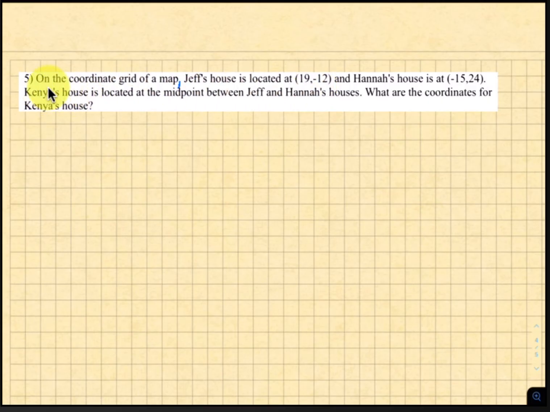All right, here's number 5. On the coordinate grid of a map, Jeff's house is located at (19, -12), and Hannah's house is at (-15, 24). Kenya's house is located at the midpoint between Jeff and Hannah's houses. What are the coordinates for Kenya's house? Well, first, let us label the coordinates. (19, -12) is x1, y1, and (-15, 24) is x2, y2.